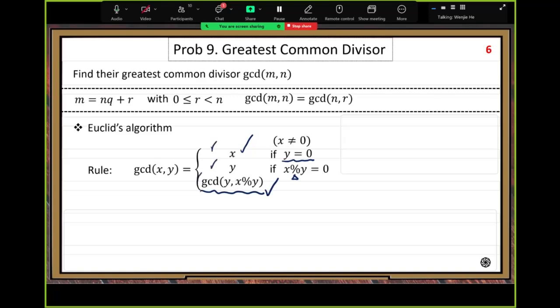So keep doing reduction, and at the end, you get the answer. So that's Euclid's algorithm. Very simple, but if you calculate GCD, this one is very fast, compared with the prime factorization method.